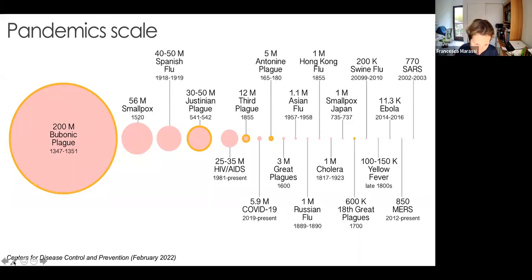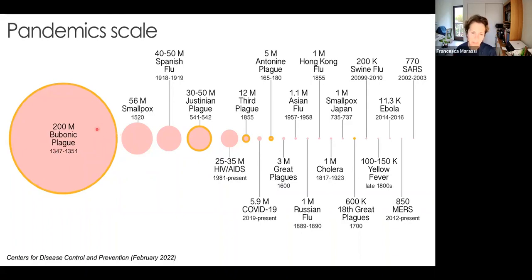This bacterium, Yersinia pestis, has been responsible for launching huge plagues throughout history. You can see here a timeline and the magnitude of the pandemics over the years, documented by the CDC.